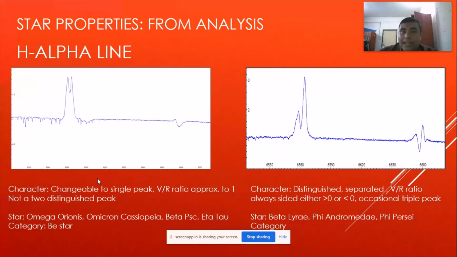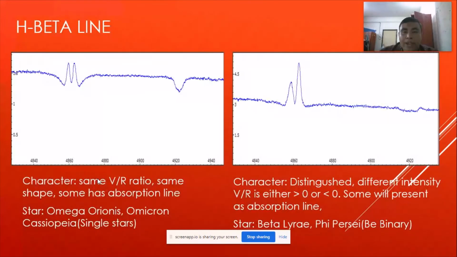It indicates that there exists a companion star that increases the intensity of the emission line peak. I've listed the stars that exhibit these properties, and this also applies to the H beta line.